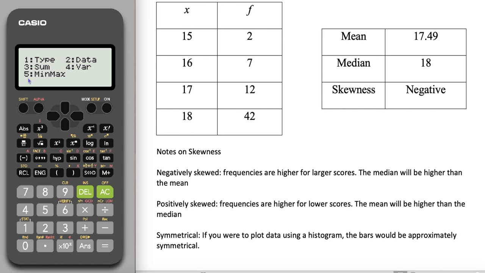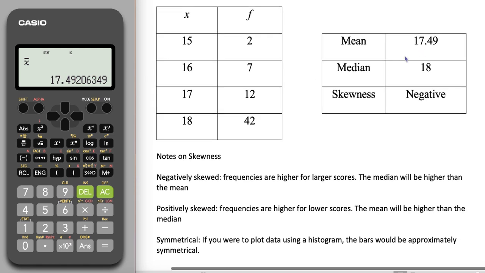So let's go ahead and find the mean. We're going to press 4, and then X bar means mean. So it's option 2 we're after. X bar in statistics always means mean. So we press 2 equals, and you can see we've got 17.49 to 2 decimal places. It goes on a bit, but over here we've rounded it to 2 decimal places, and that's fine.